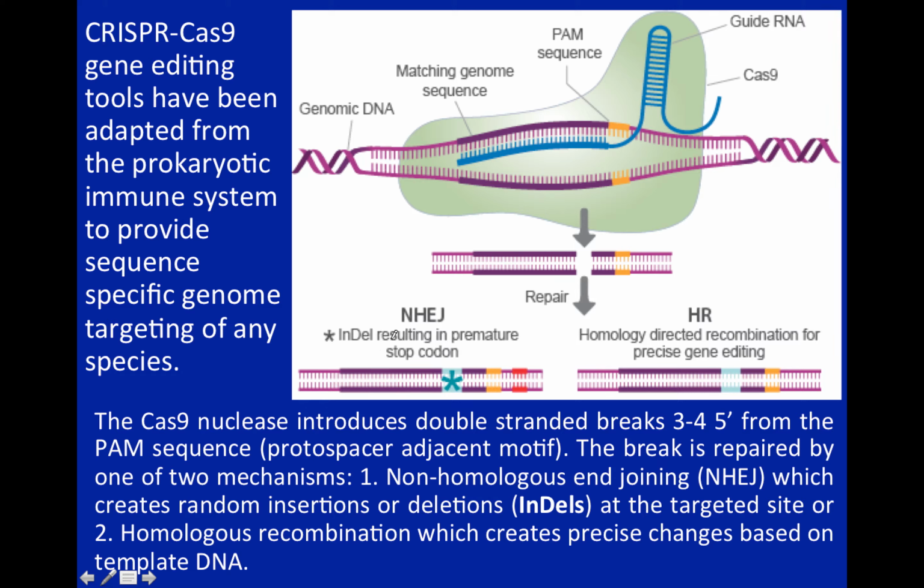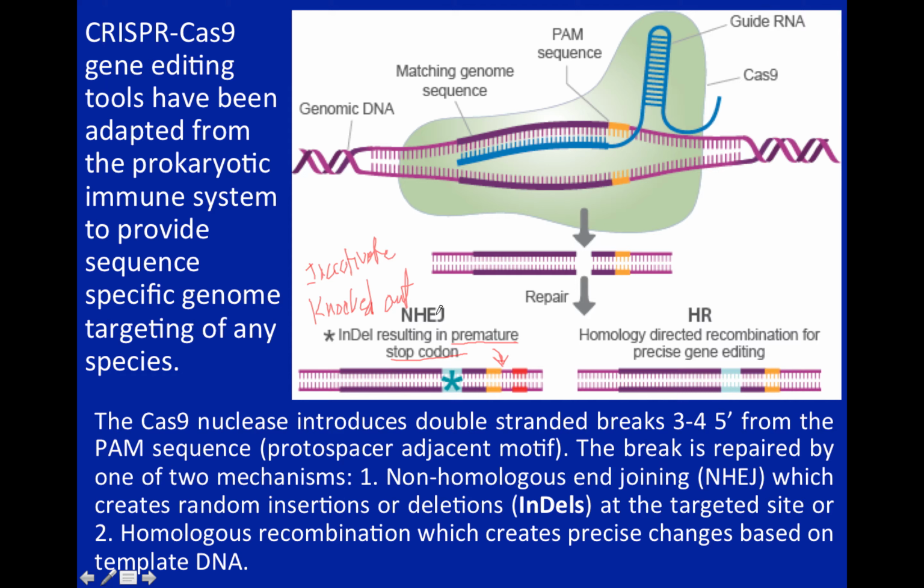And usually what happens when you get frame shift mutations is that you get premature stop codons being produced and you have effectively knocked out the gene. Very precisely knocked out the gene that you want to inactivate. So indel mutations will do that.